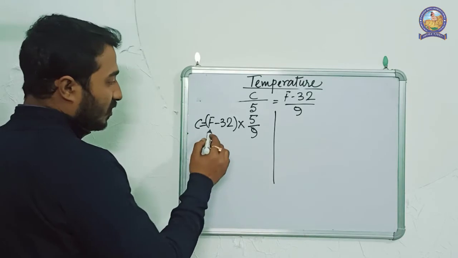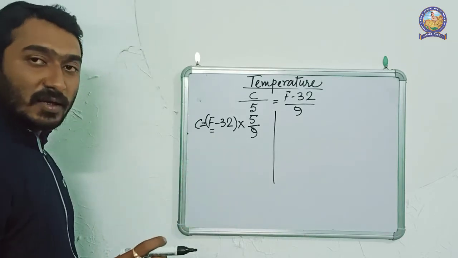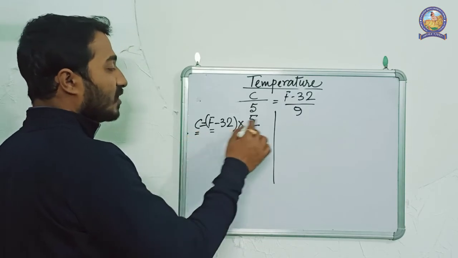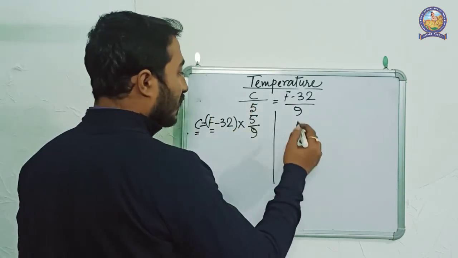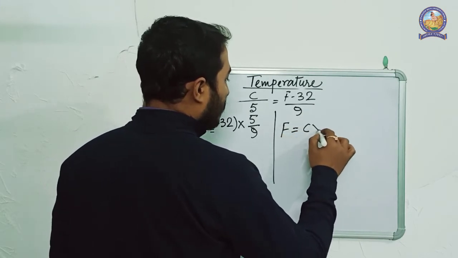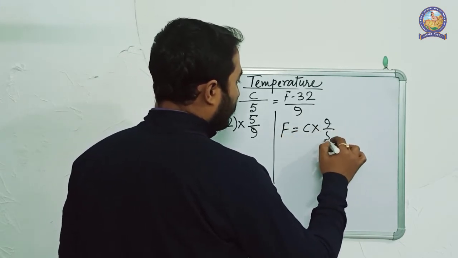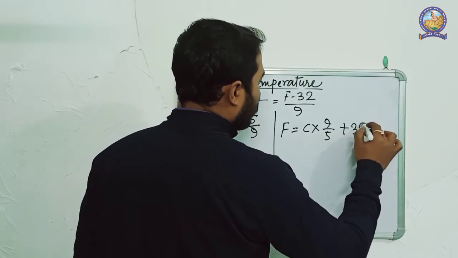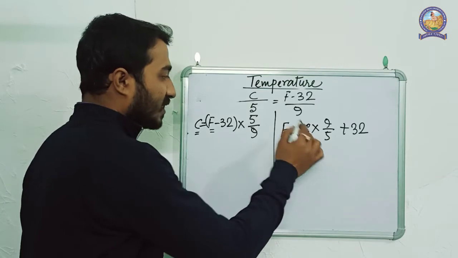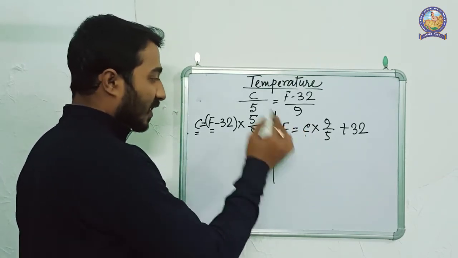So if we know the value in Fahrenheit, we can easily convert into Celsius using this formula. Or we can write F equals C multiplied by 9 by 5 plus 32. From this formula, if we have the value of Celsius, we can easily convert into Fahrenheit.